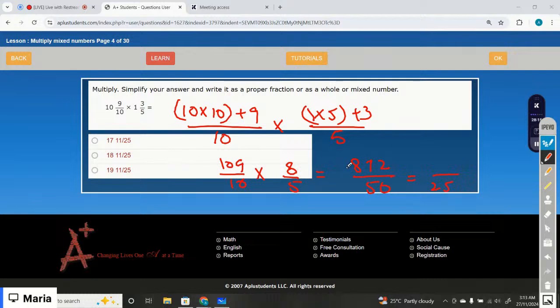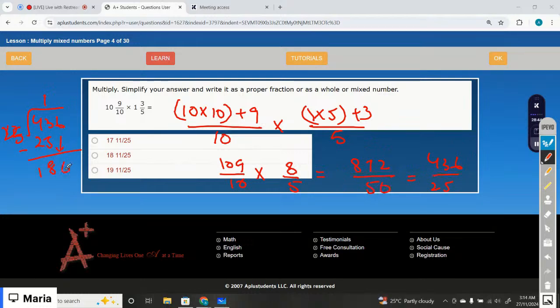That is 25. That is 436 divided by 25. So let's just divide 436 by 25. 25 times 2 is 50, so we can go for 25 times 1. 13 minus 5 is 8, 118.